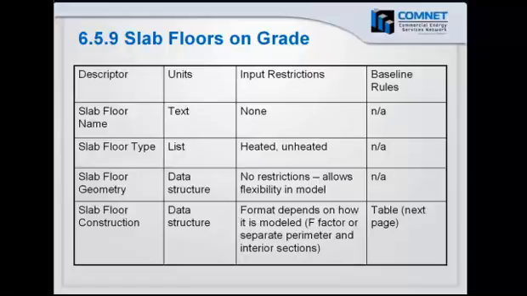And then for the construction, the format of this data item depends upon how it is modeled, whether it's modeled with an F factor or whether it's modeled with separate perimeter and interior sections and looking at the heat transfer from each of those sections separately. There's a special algorithm that was developed for Title 24, which models the effects of the perimeter heat loss separately from the interior.